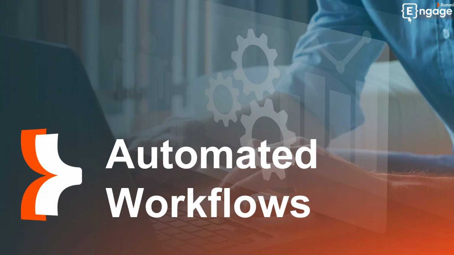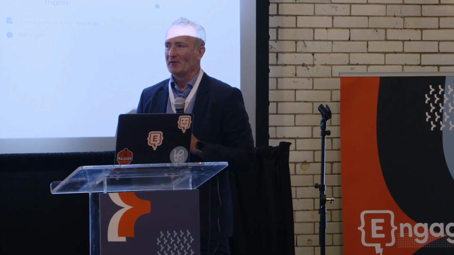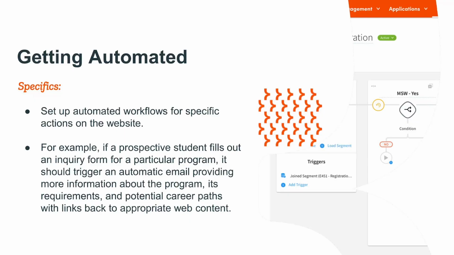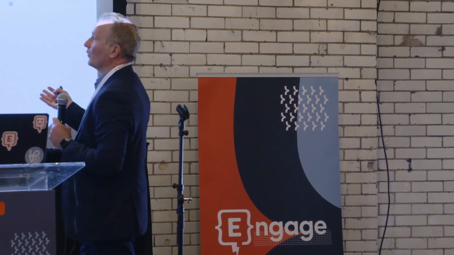Okay. Automated workflows are really important. This may be obvious, but you want to be automated as much as possible. When someone does something on your website for you, fills out a form, for example, you want to be able to reciprocate, right? Always reciprocate. So our workflow engine in Element 451 is outstanding, allows us to do complex things after someone submits a form to us, right?